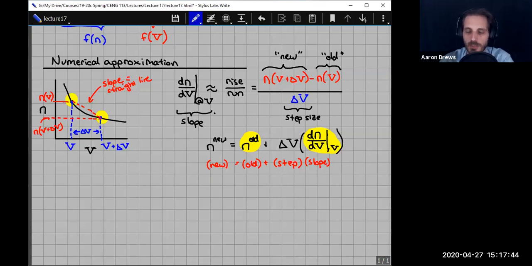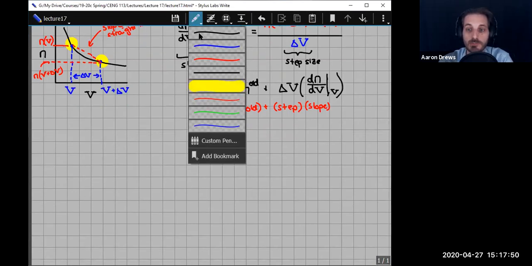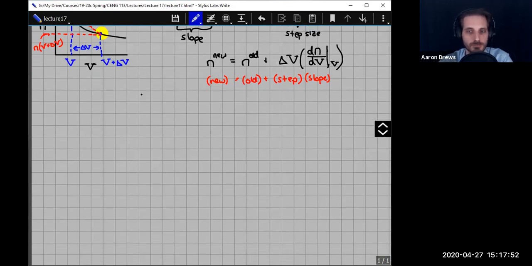Yep, classic rise over run slope kind of equation. So we can use this to approximate the solution to our differential equation, because we can now write dn dv is equal to 0.6 minus 1.1 times n, where n0 is equal to 1.